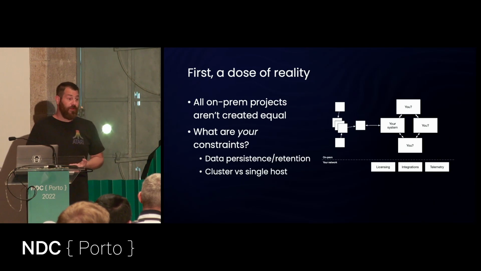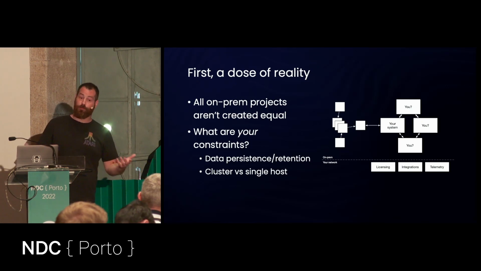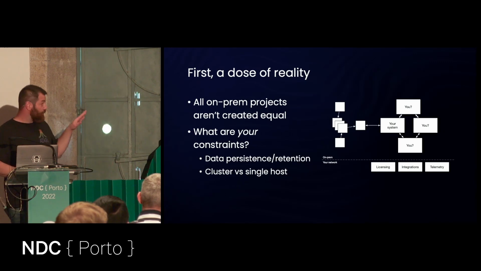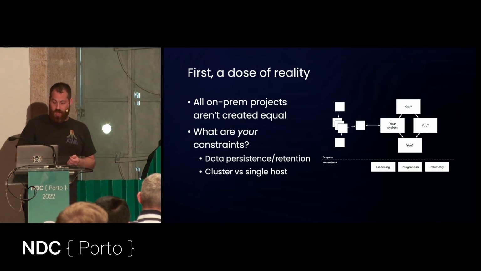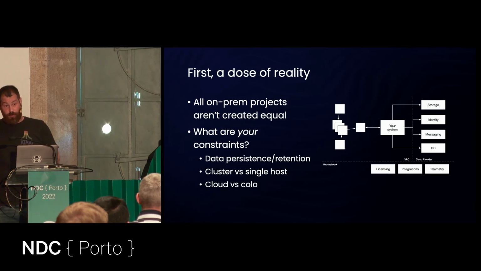Then there's the actually really big question of, does your software system need to run on a cluster or in multiple hosts? Can it run on just one machine? And it turns out that specifically for on-prem deployments, this is actually a much more important question than you might think. There is also the question of where is your system going to be deployed, right?